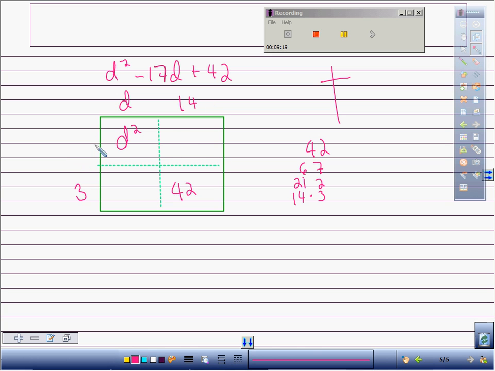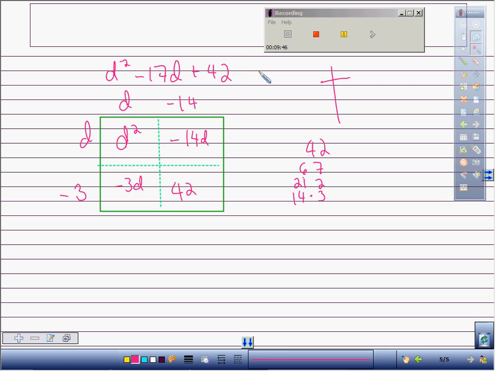And then, because this is negative, both of them have to be negative, right? Because I want them to add to negative 17, not positive 17. So over here you have your minus 3d, because that's that times that. And over here I have my, oops, that should be a d there as well, minus 14d. Okay?